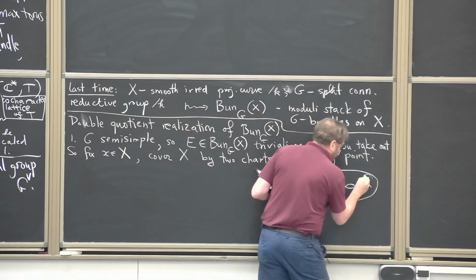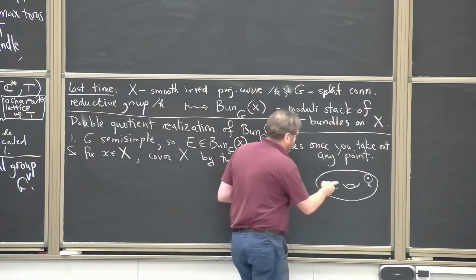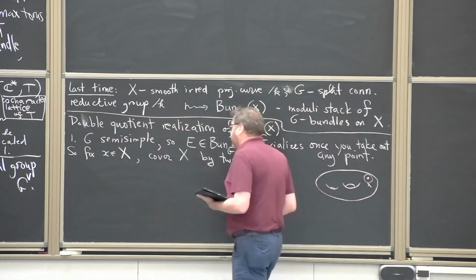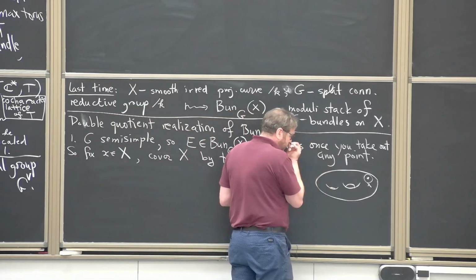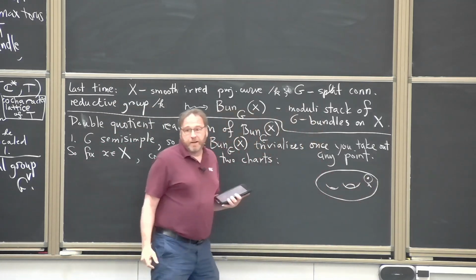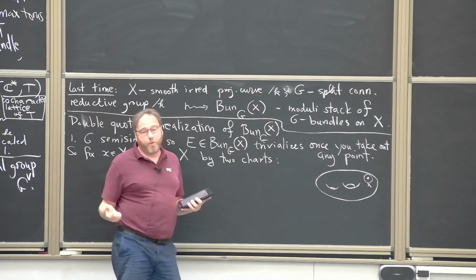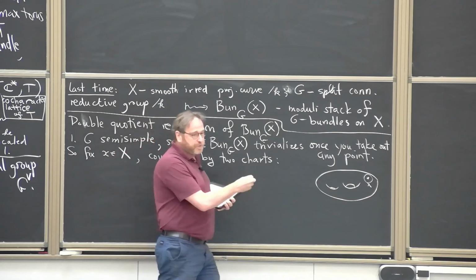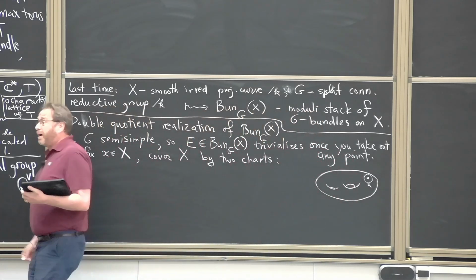So one chart is a disk around this point, and the other chart is the complement of this point. Well, that's if we are working in the complex analytic setting, then we can just take a small disk. But in algebraic geometry, we do not have small disks, but we have formal disks. And we can do the same thing by using formal disks. And that we can do over an arbitrary field.